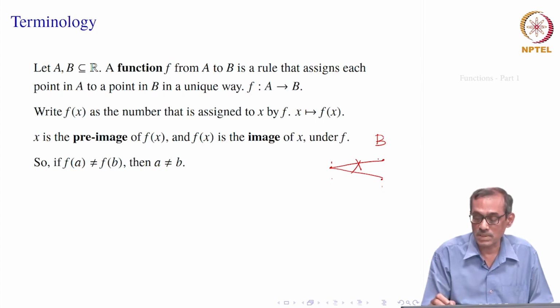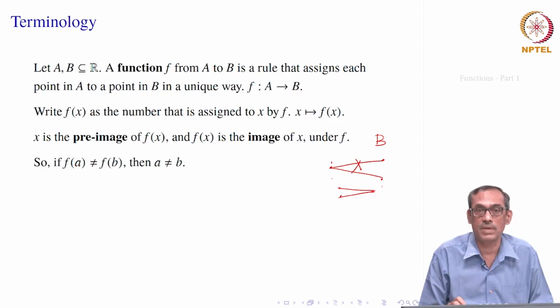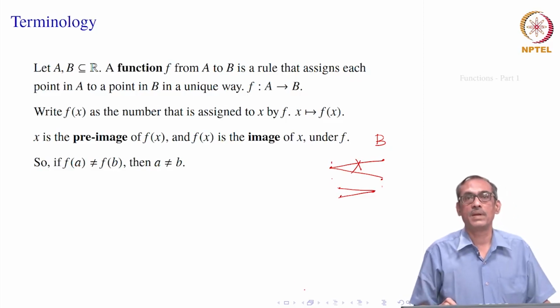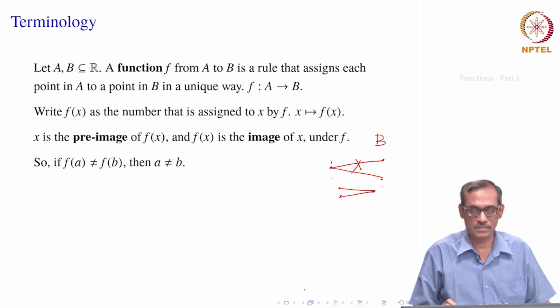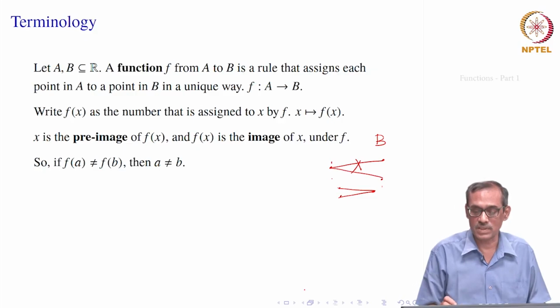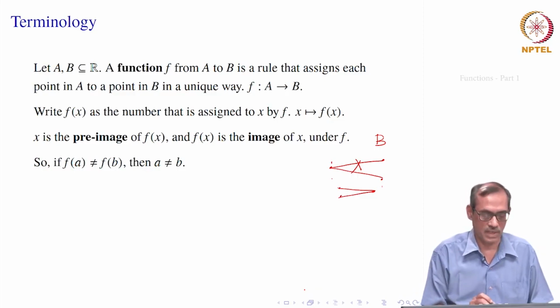But the other side is possible, that if you have a and b, both of them can go to the same thing. That is, f of a can be equal to f of b, like in the absolute value function. Absolute value of 1 is also equal to absolute value of minus 1. That is possible. But the first case is not possible. That is the meaning of this association f associating elements in a unique way.